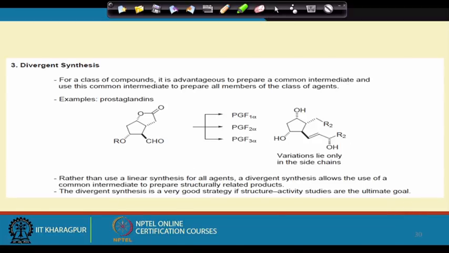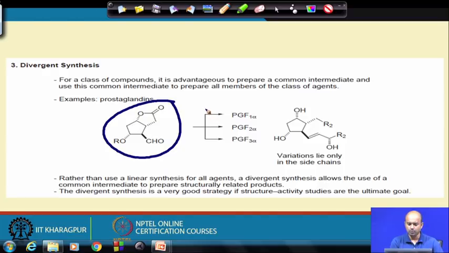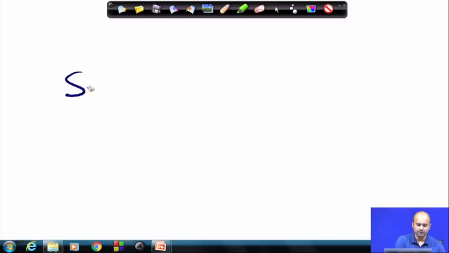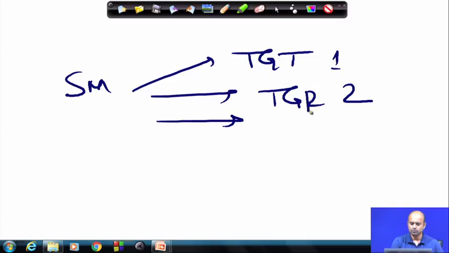Divergent is another terminology. It means that if you have an intermediate something like this, from where you can synthesize different target molecules. Say for this instance, this molecule can lead you to this target, this target, this target. So, starting from a simple starting material, you can get target 1, target 2 or target 3.